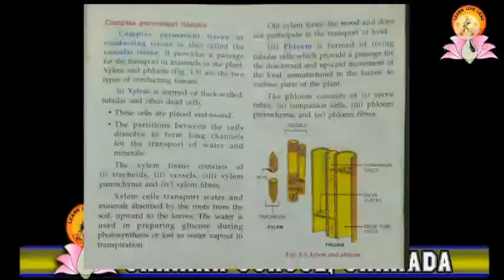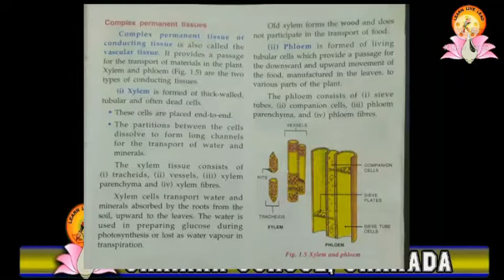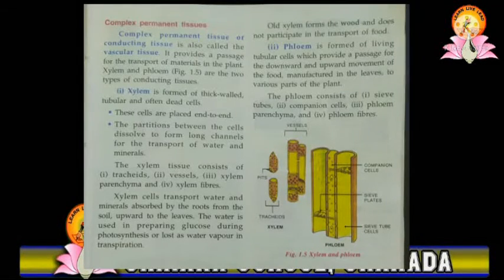Xylem is made of thick-walled and tubular, often dead cells. These cells are placed end to end, and the partitions between the cells dissolve to form long channels for the transport of water and minerals. The xylem tissue consists of tracheids, vessels, xylem parenchyma, and xylem fibers.